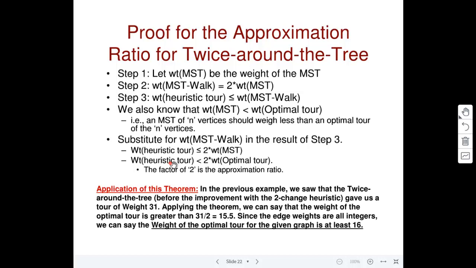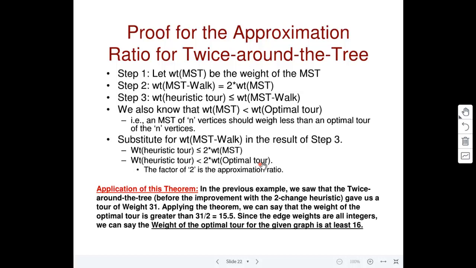Okay. So naturally, whoever comes up with a design for a heuristic for any of these NP complete problems will try to reduce this approximation ratio as close as possible to 1, right? Because ideally we would prefer the weight of the tour found by a heuristic for an NP complete problem to be equal to the weight of the optimal tour.